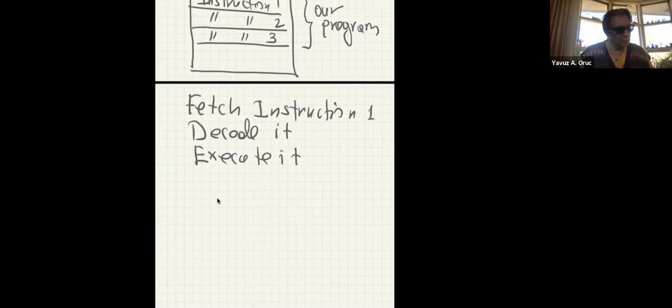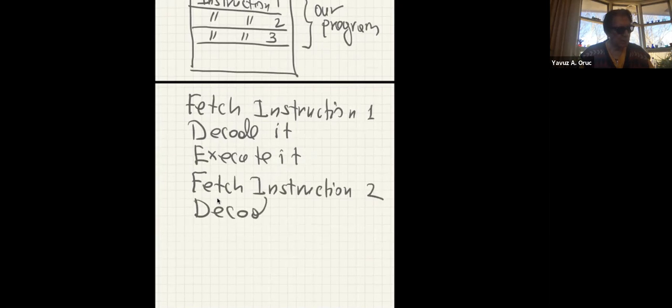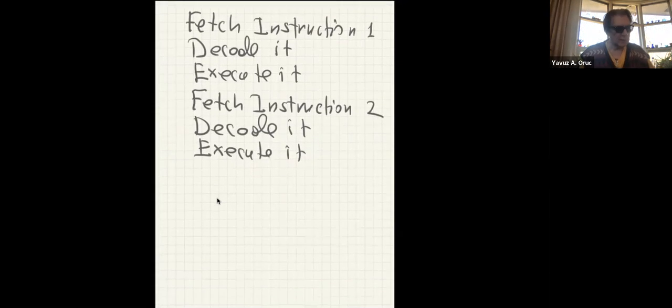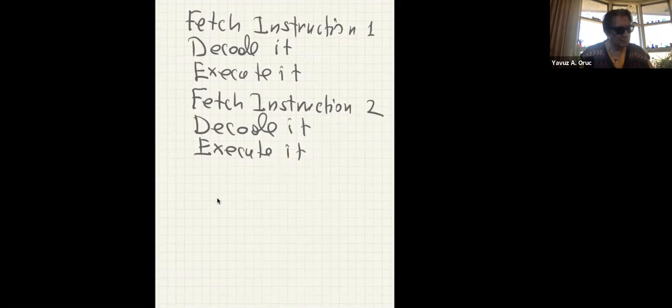Fetch instruction 2. Decode it. Execute it. Okay. Let's just write that last one so that I tell you that this can go on forever.